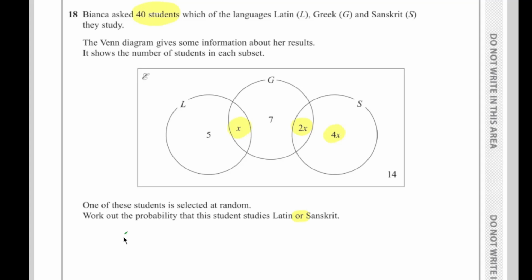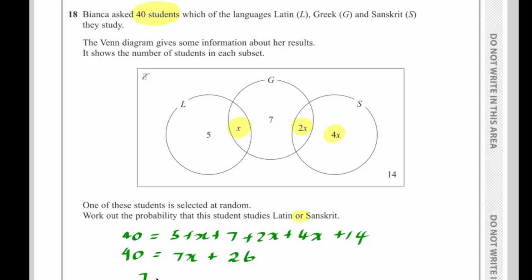Therefore 40 equals 5 plus x plus 7 plus 2x plus 4x plus 14. So x plus 2x is 3x, 3x plus 4x is 7x. Then 5 plus 7 is 12, 12 plus 14 is 26.